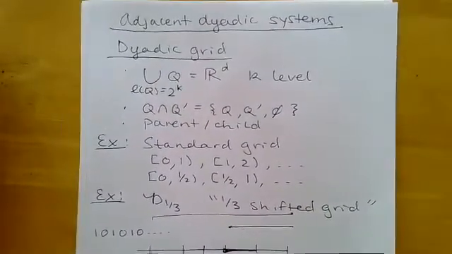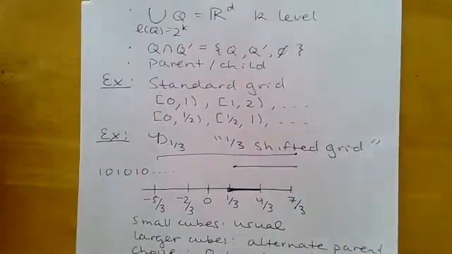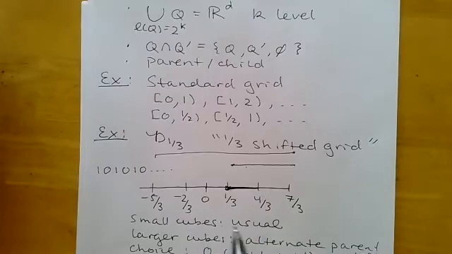I have a small question before. Sure. So small cubes you are taking for D, is that right? The small cubes are just determined by dividing each cube into half. And you're taking small cubes for both grids, D and D 1/3.